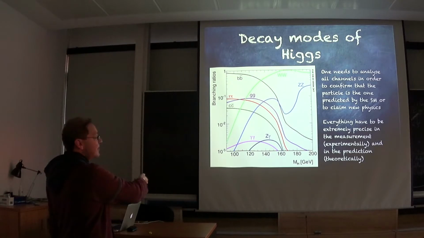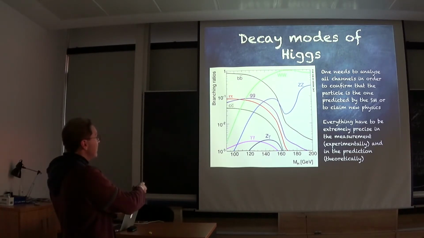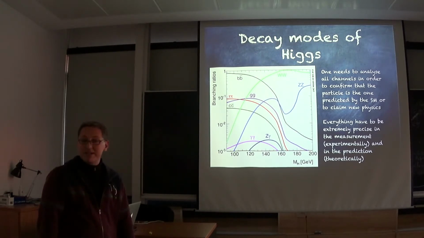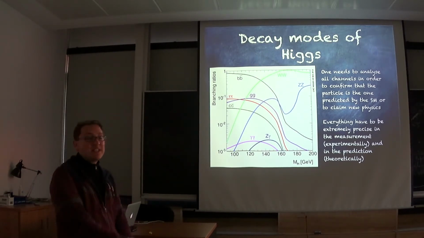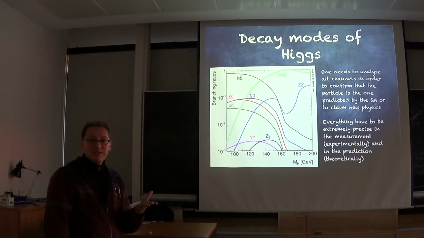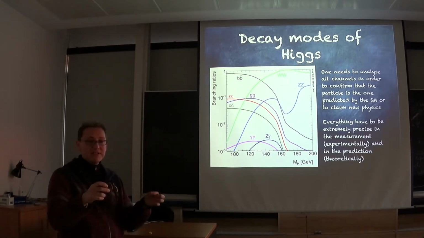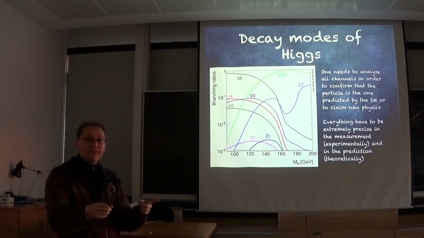The other side was if the Higgs mass was very small. Then everything goes into a pair of b bbars, a pair of Bs. What is the thing about the Bs? In the detector, it's very simple. You produce one B, and then it travels, and you can look at the distance that it travels.